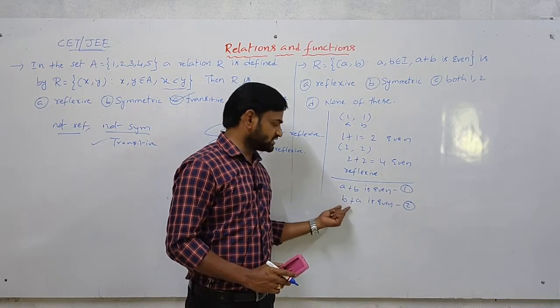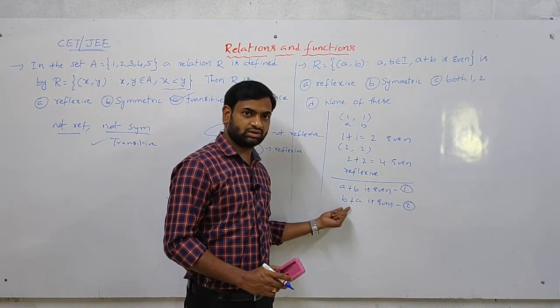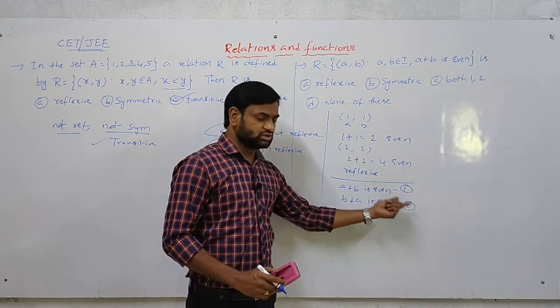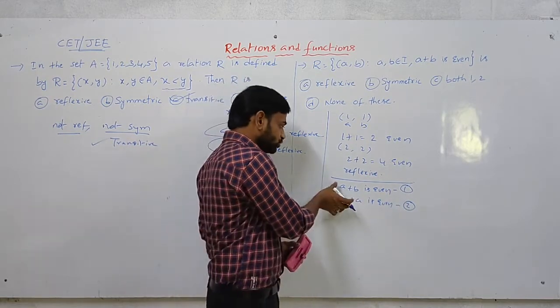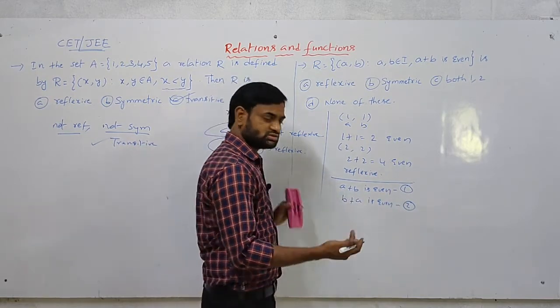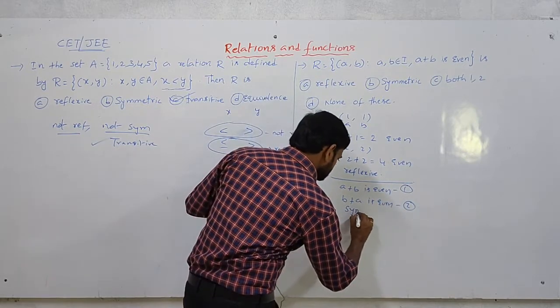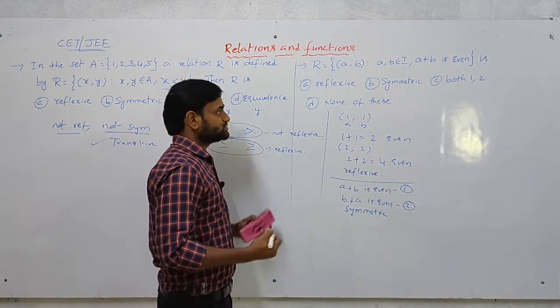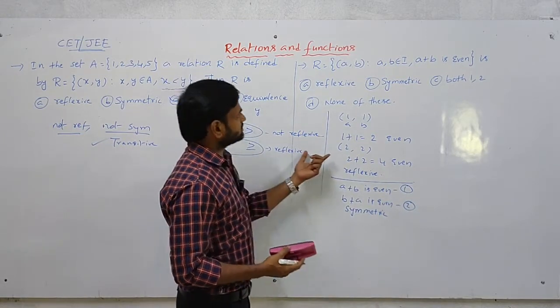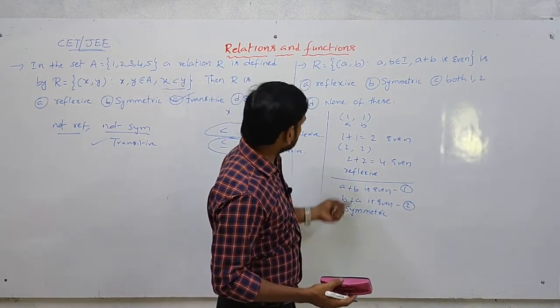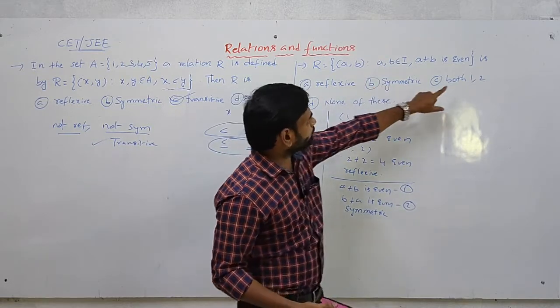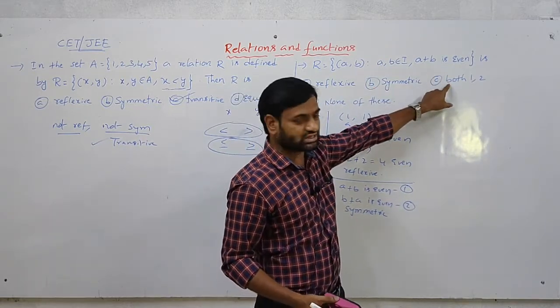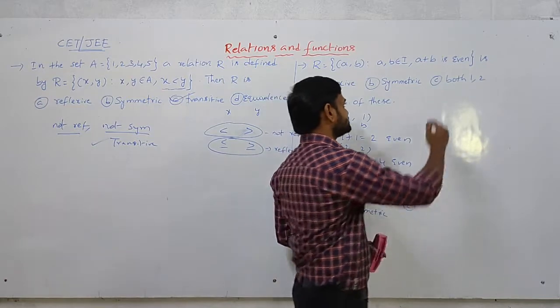A plus B and B plus A are equal. When two equations are the same, that is symmetric. So it is reflexive and symmetric, both. Answer is C.